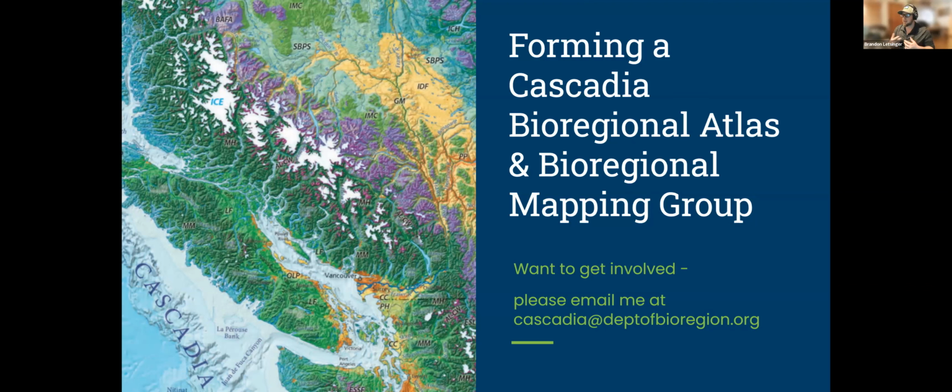And I think Zaylin, who's been on, is doing Cascadia.world. And I think there's a lot of other people implementing bioregional maps and atlases into the work they're doing. I would love us to connect and have more conversations about how we can create tools and deepen our knowledge of the places that we live. If you are interested in helping with any of these projects, do reach out to me at Cascadia at Department of Bioregion.